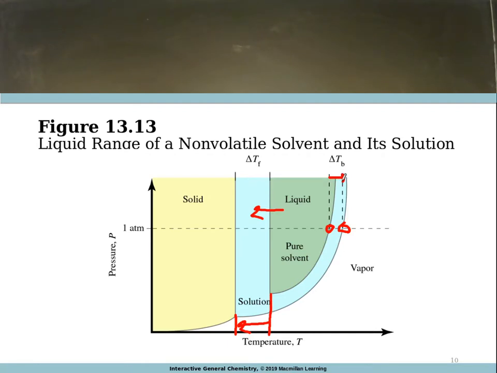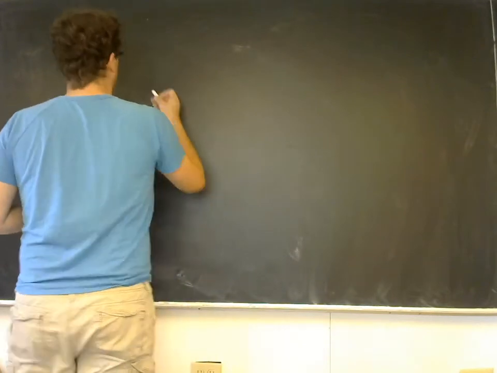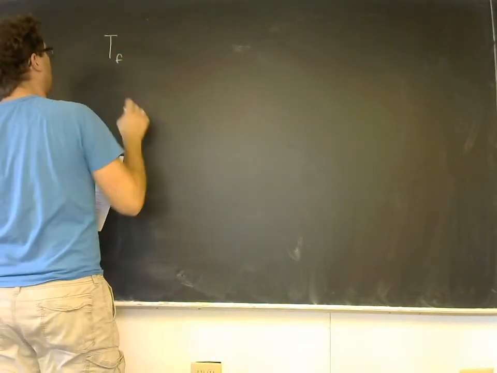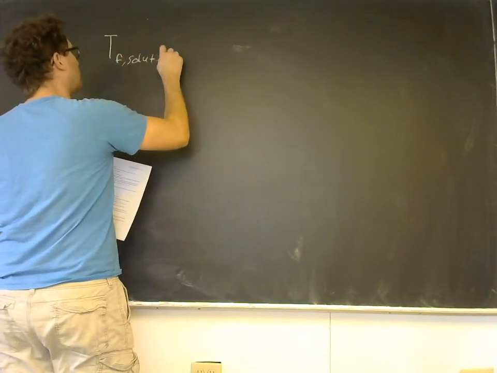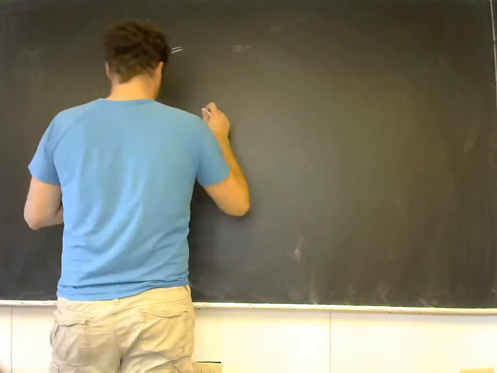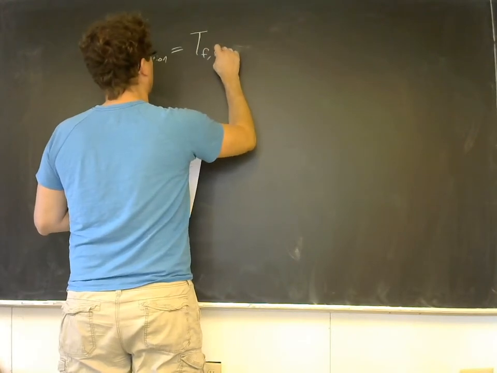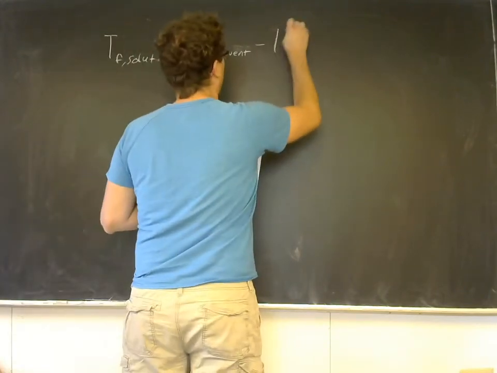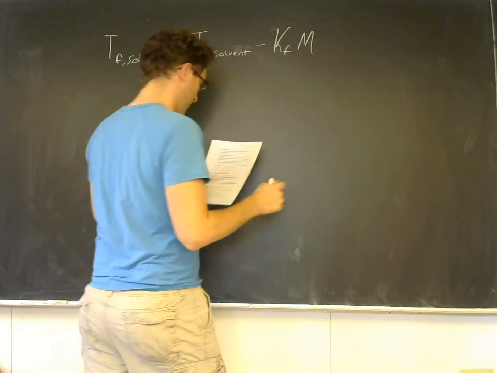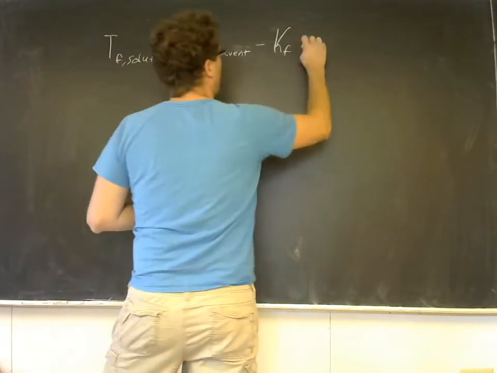Okay, so how can we actually calculate delta TF and delta TB? So freezing point depression says that the freezing point for the solution is going to equal the freezing point for the solvent, that is the pure solvent freezing point, minus Kf, oops, that should be lowercase m, Kfm.